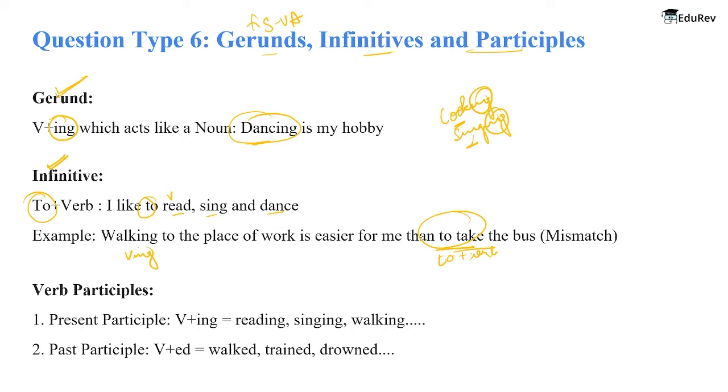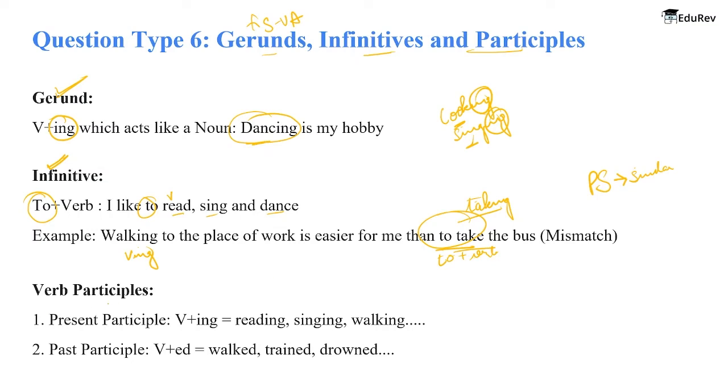So what should it be? It should be than taking the bus. Alright, because we know about the parallel structures in which the statement should be in a similar format. So with V-ing, that is walking, it should be taking the bus. Or to walk and to take the bus.